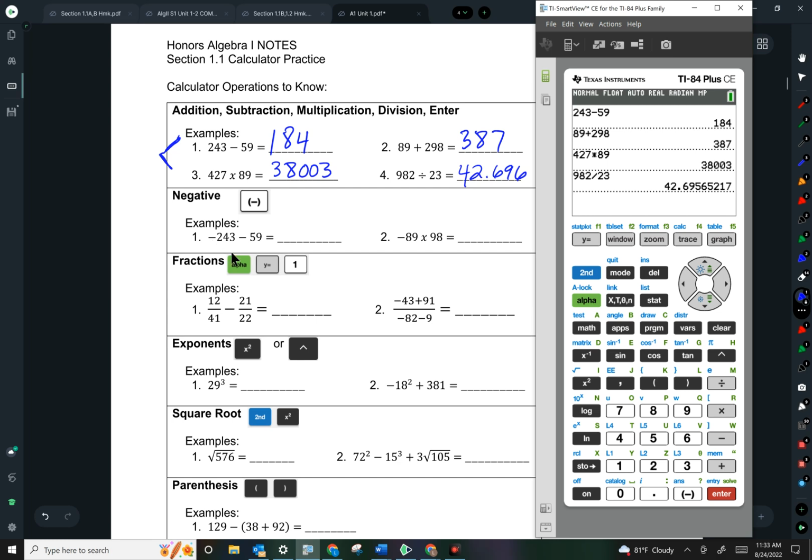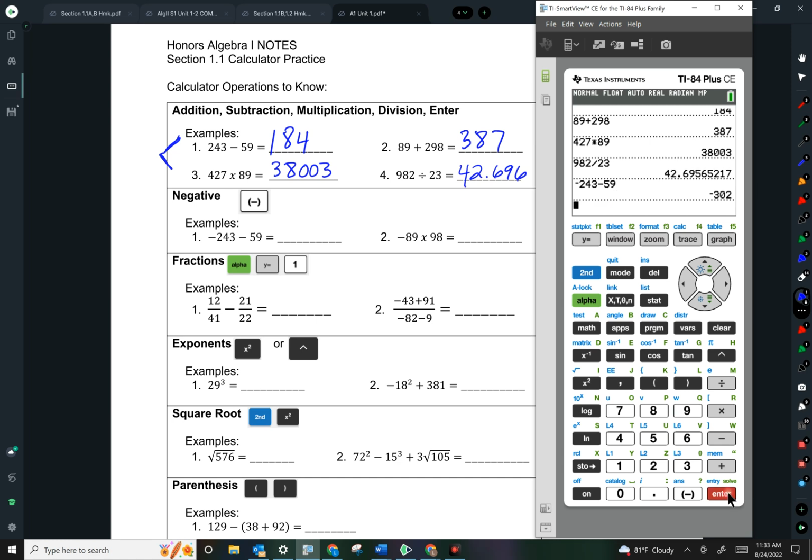So when you type that in, you need to use this negative sign that's down here next to the enter. So if I press negative and then type in my 243, and then the one in the middle is a minus, so I'm going to use the minus sign over here on the right, and then the 59, and that's going to give me an answer of negative 302.